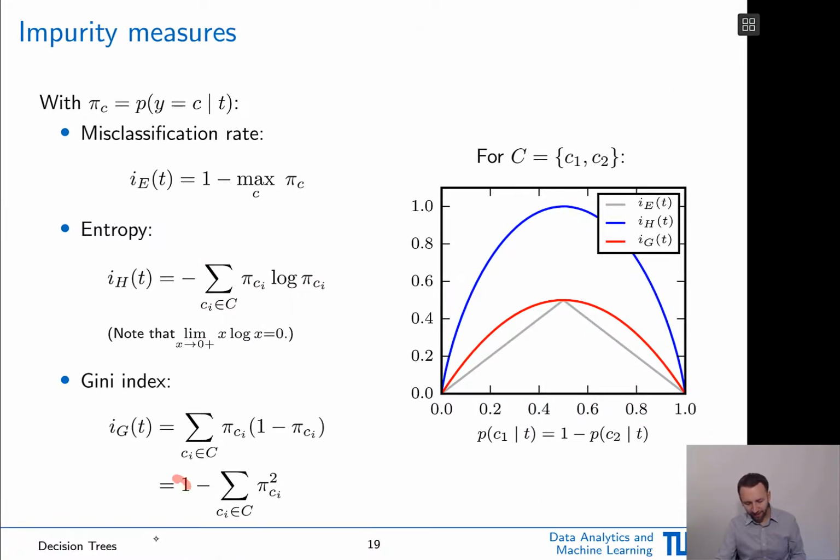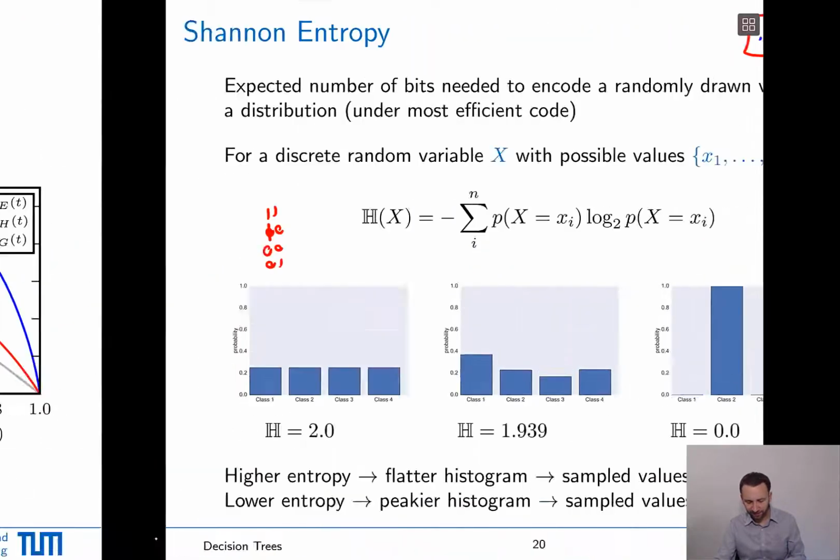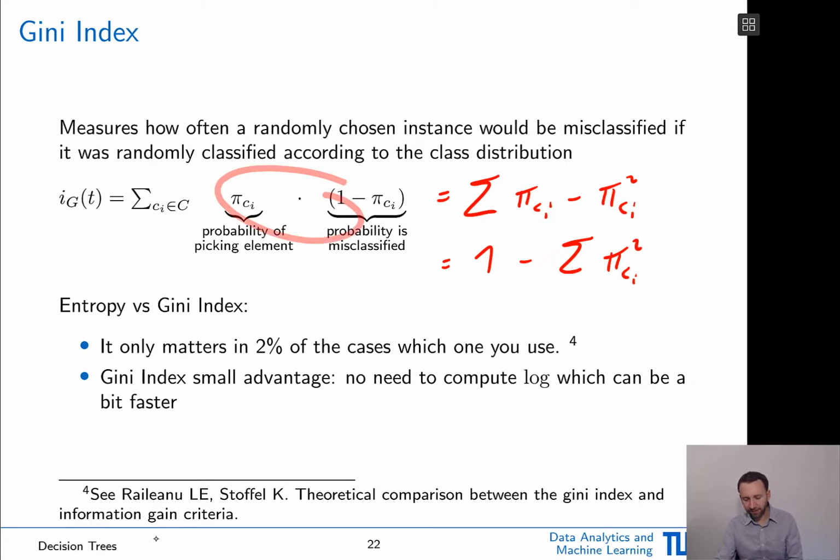So here we had 1 minus the squared probabilities, which just comes from the fact that when you open up this product, the first one is this, and then the second one becomes this. And since the probability summed up over all classes has to be 1, this can be simplified, so it's 1 minus the squared probabilities.